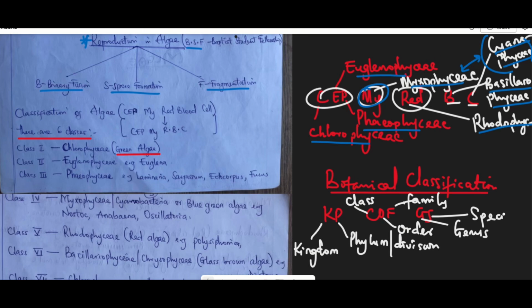Now, which means that if I'm dealing with botanical classification, I can start with kingdom. The plants we're dealing with now, which are the algae, fall under kingdom Plantae. Does that make sense? We've mentioned earlier that there are several kingdoms: kingdom Animalia, then the second is Plantae, which is the plant kingdom.